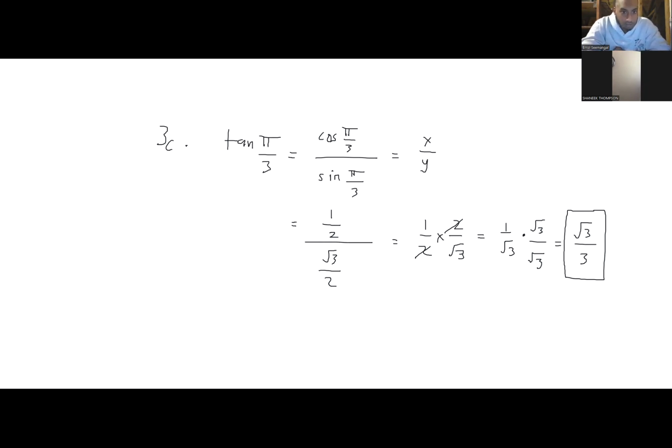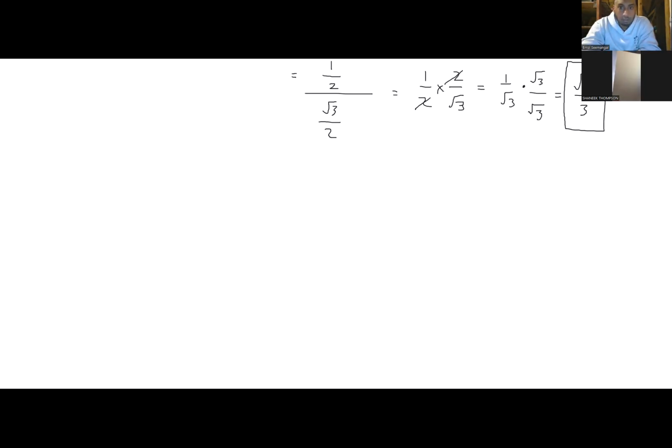Okay, let's go to the whiteboard. I'm gonna sketch the cosine graph. There's your y. Here's your x. All right. There's your pi.